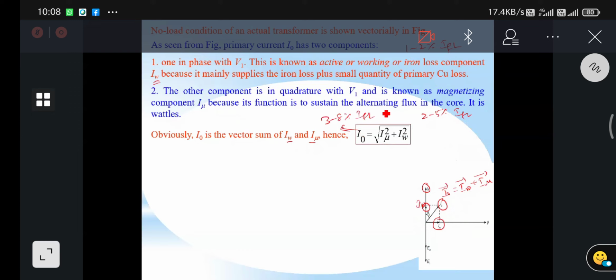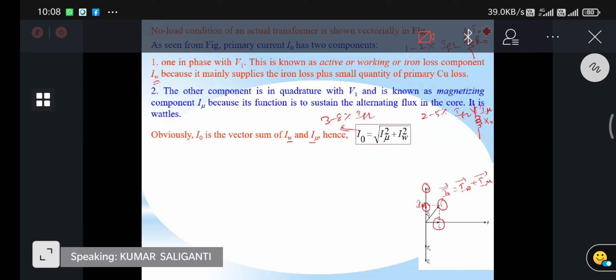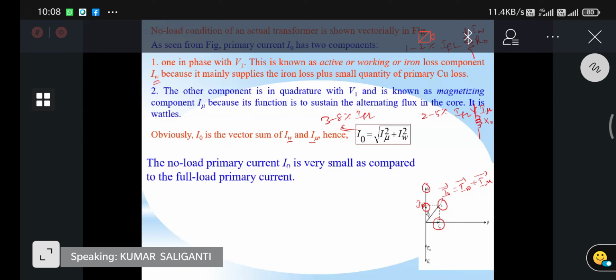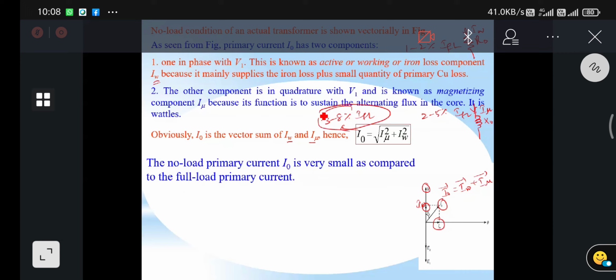This one is resistive in nature, R naught, and this is reactive in nature, X naught. The no load primary current is very small compared to the full load primary current. This 3 to 8% is asked many times in competitive examinations.